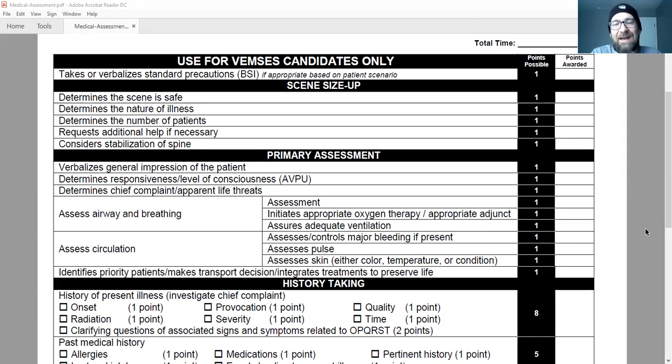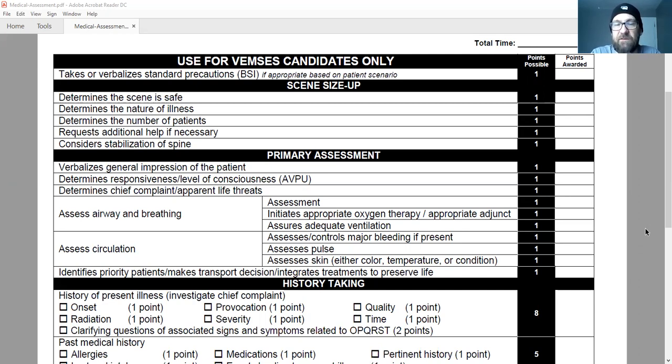If that's the case, I don't need oxygen. Right? If they're 94% or above, we're not going to need the oxygen. If they're below that, we'll get them on oxygen to get them to 94% or above. So in this case, I don't need to give oxygen because he's at 97%. All right, and that'll take care of our breathing.